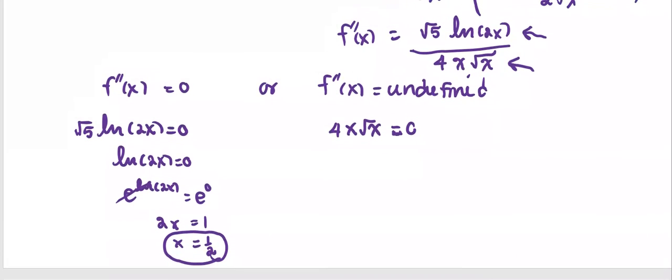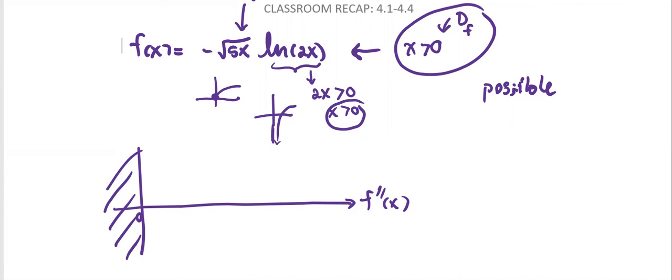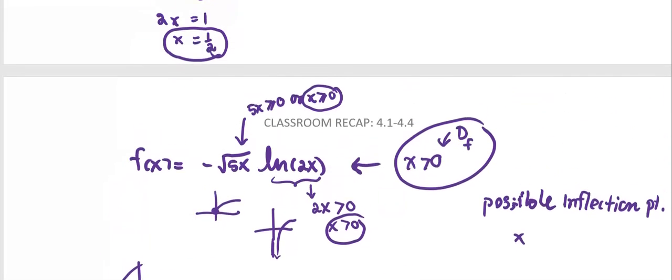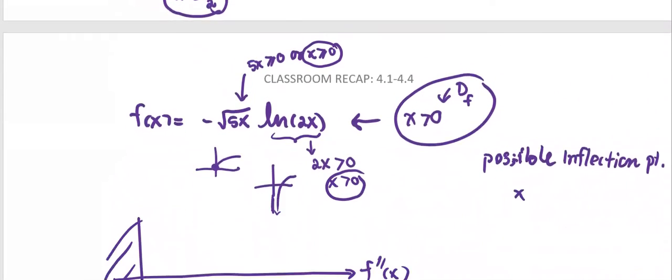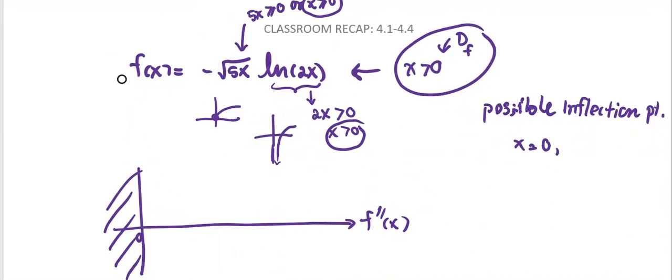No more room. Okay, and then the next case is going to be x equals 0. Now we have two possible inflection points. The possible inflection points that we found earlier from f double prime equals 0 and f double prime undefined, they are x equals 0 and x equals 1 over 2.